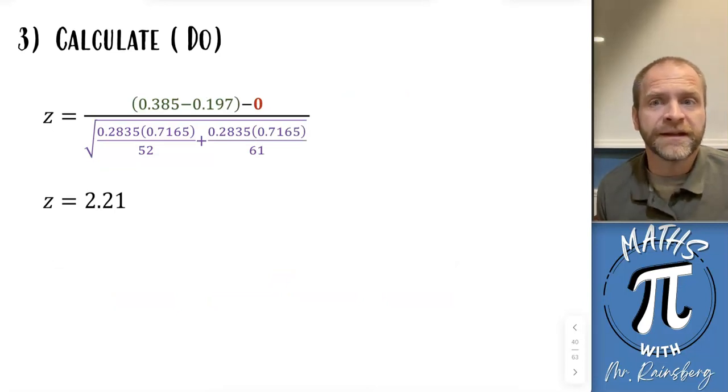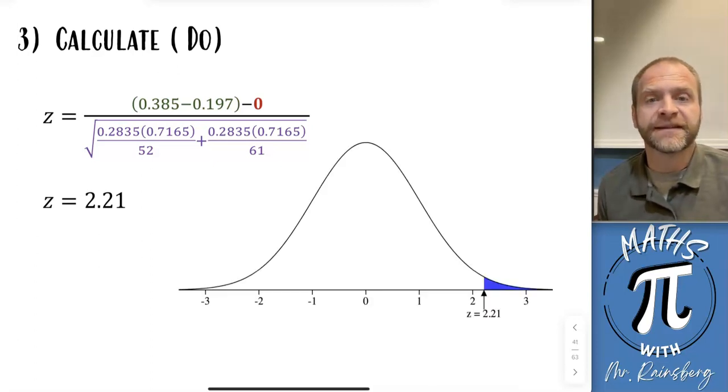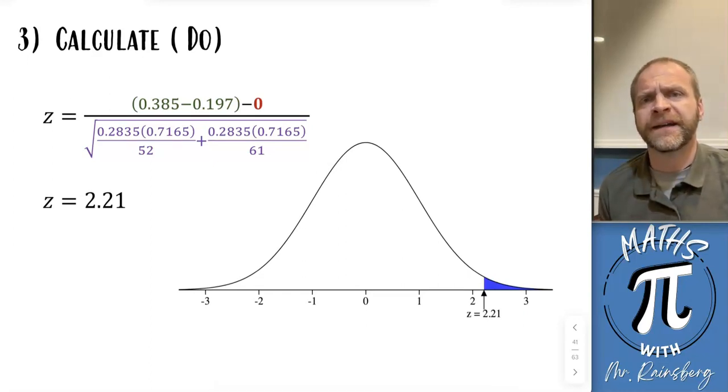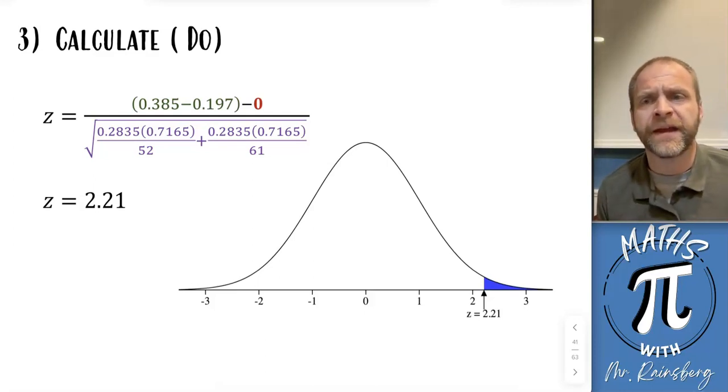And so now I have all the information I need to sketch the curve. If I look at the curve, I can see where I'm at. On my curve down here, you can see that I'm dealing with my z-scores. I have down here the 0, the 1, the 2, the 3, and so on. You can see what's going on. But it's also the same idea when we're looking at the p hats.